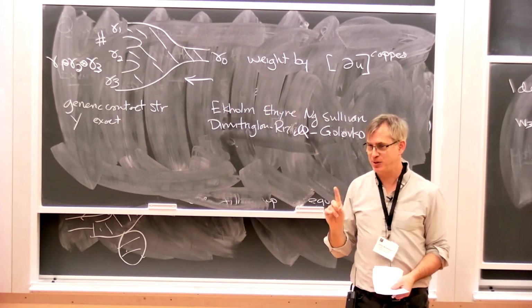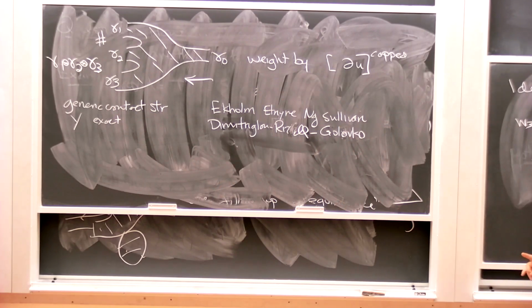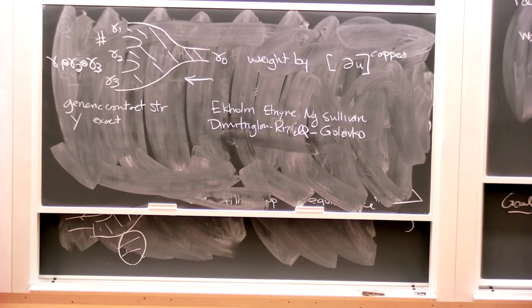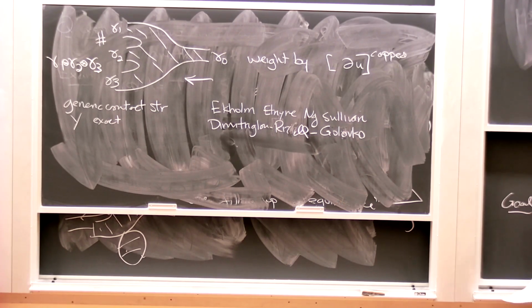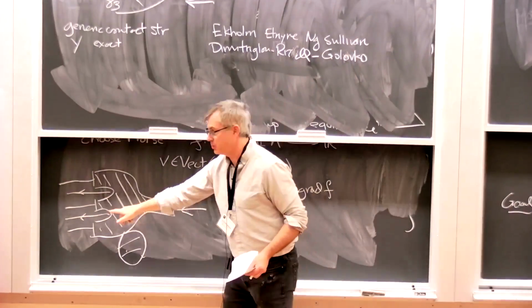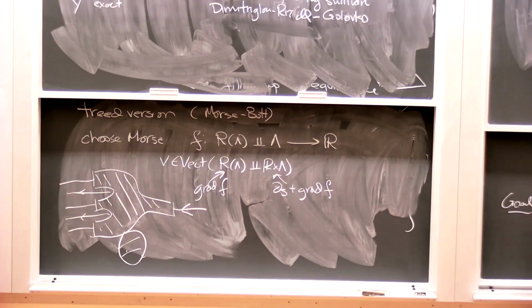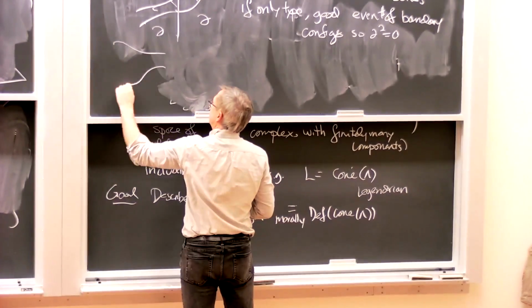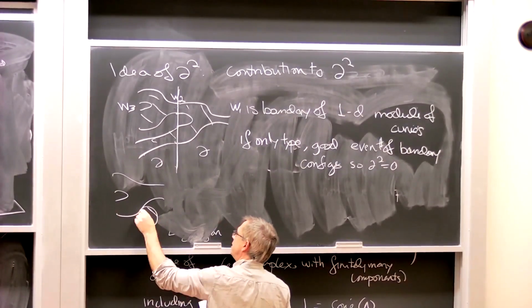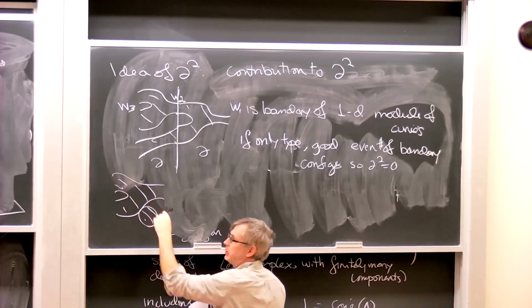I think I was about to give an actual example. Your first question was why do I need these things here? But let me finish that answer, and then I'll answer your other question. In a second, I'm going to allow situations with bubbling.